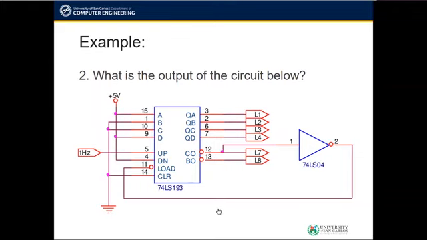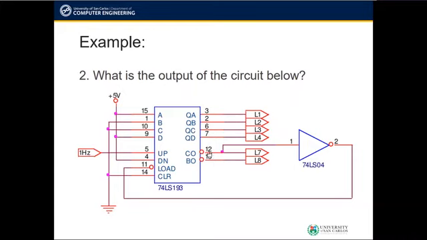That is because of this CO output connected to a NOT gate, and then the NOT gate output connected to the load input of the counter. Remember earlier, it was mentioned that CO is always 1 and only becomes 0 between the count of 1111 and 0000 during a count up operation.